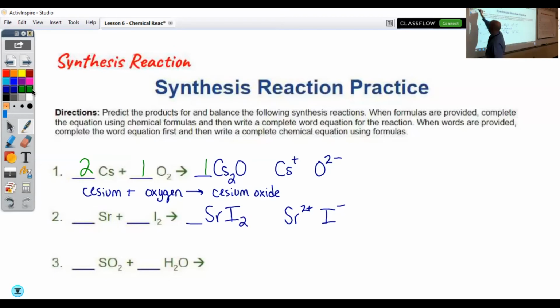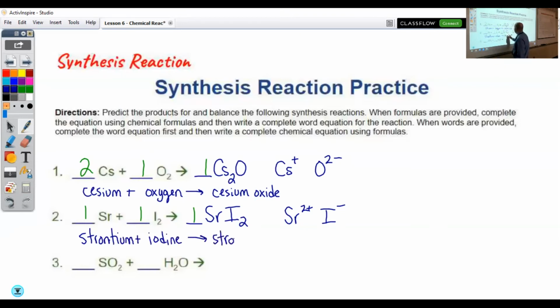Now I can balance this equation. So in this case, it's already balanced. So we have 1, 1, 1. And then we're going to follow that up by writing out the names for all of these just to continue practicing naming and writing formulas. So we have strontium plus iodine forming strontium iodide.